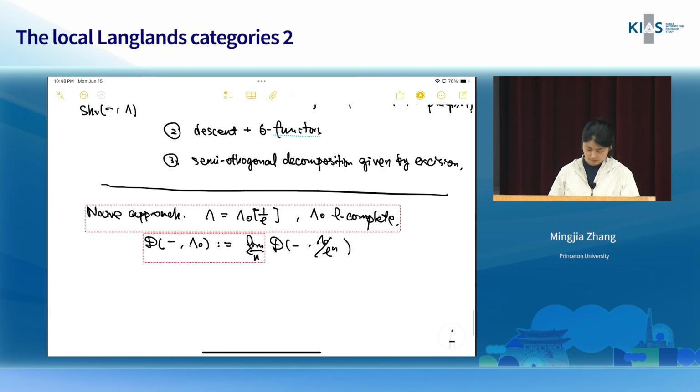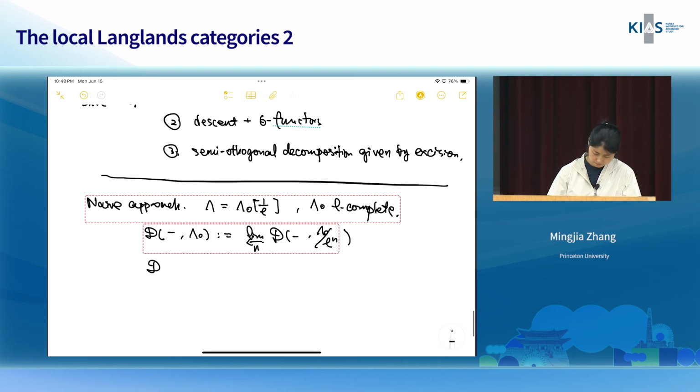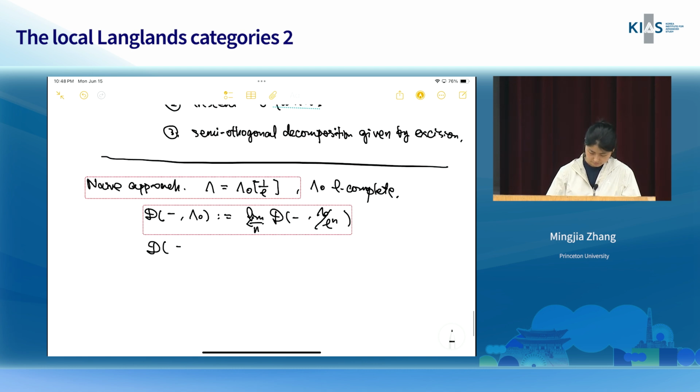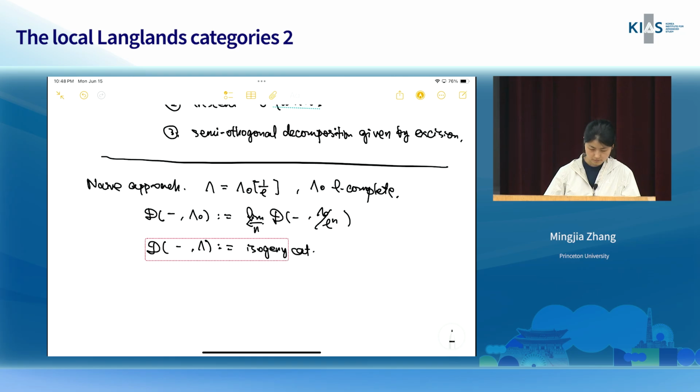And then for Lambda, you just pass to the isogeny category, which basically means that you quotient out bounded torsions.